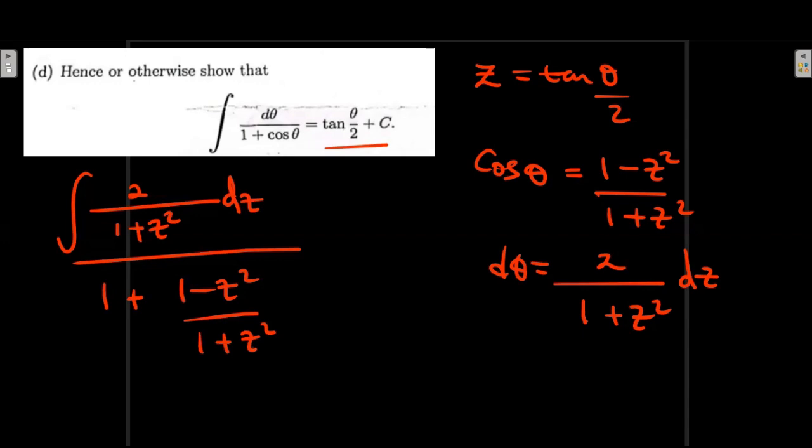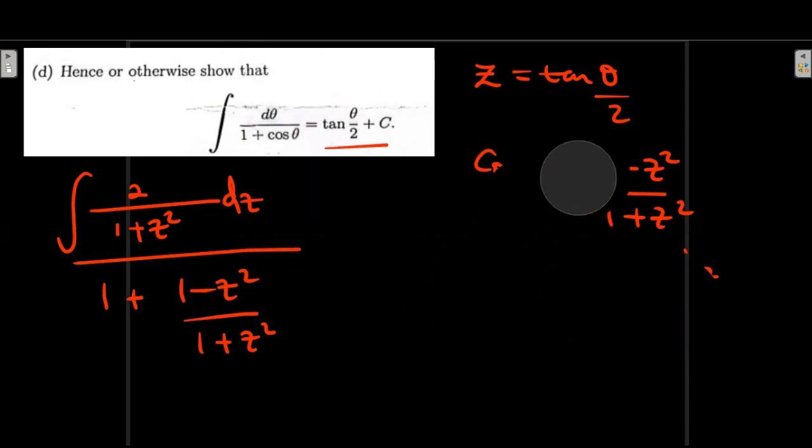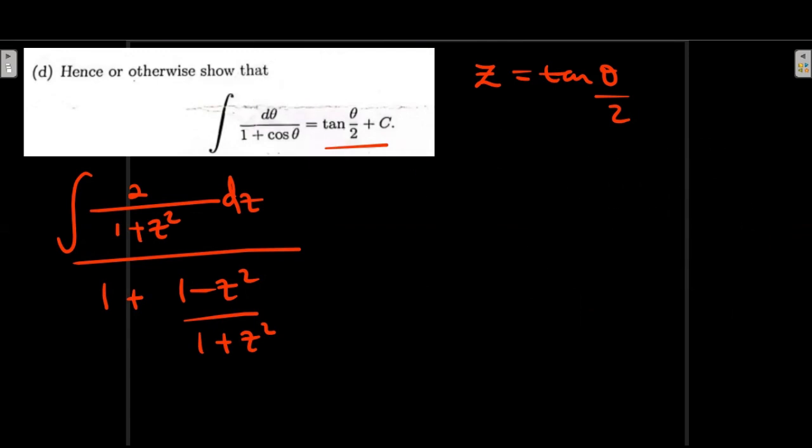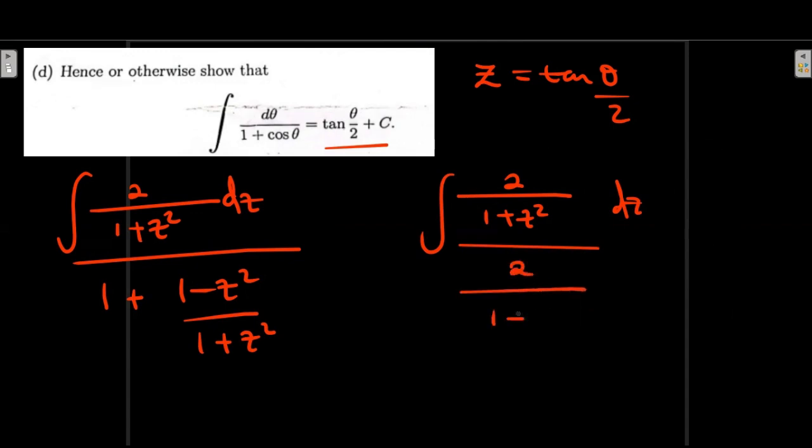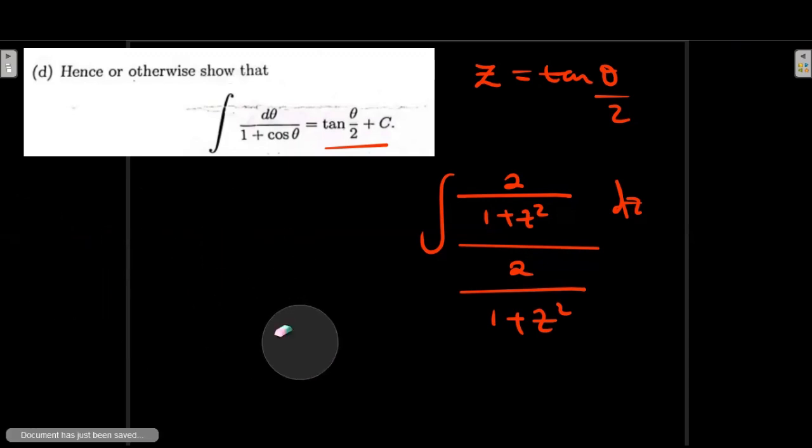So what do we get? The top part still remains the same. I have 2 over 1 plus z squared dz. Then down there, I can make that into a single fraction, and I'm just going to get 2 over 1 plus z squared. So I have the same thing here. When I have the same, I can divide that, and that just gives me 1.